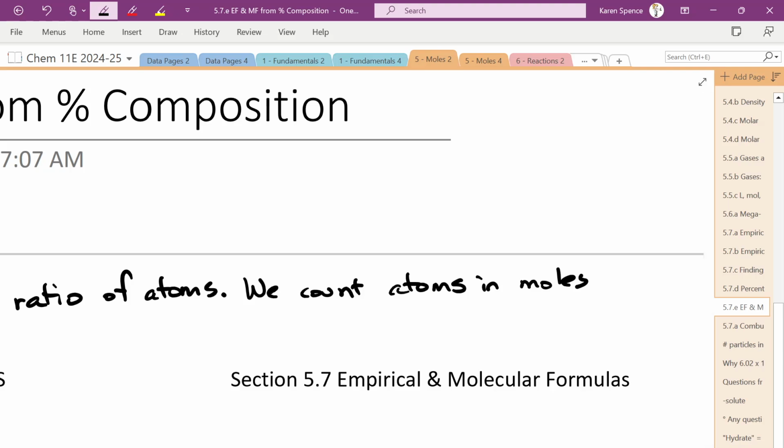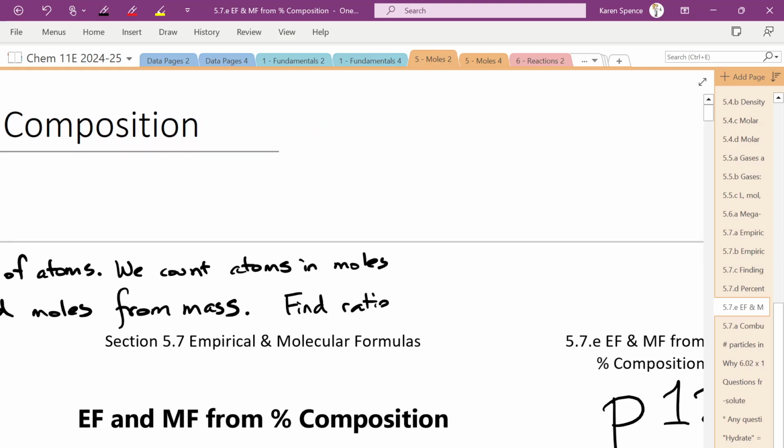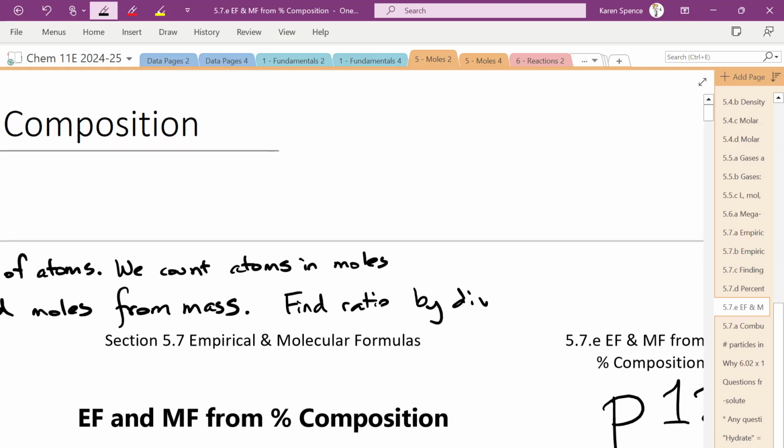Well, that's grams. Yes, we can find moles from mass. And if we want to find the ratio, we find ratios by dividing. And then that number has to be a whole number because it's a whole number ratio.